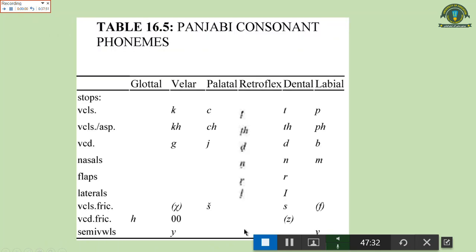Okay. Now Punjabi consonants. There are 31 Punjabi consonants, as I said, and you can see here that these are stops. So you can see here their manners, and you can see their places of articulation over here. This is kha, this is tha, this is cha. So it's taken from an old book, and at that time cha was written like this with this symbol.